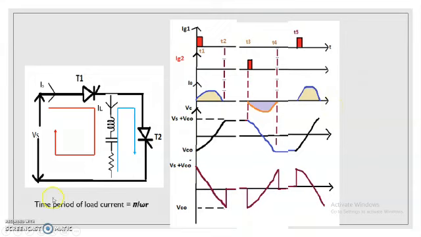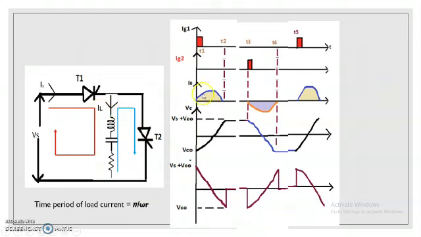Now we will look into the time period of the load current. The time period of this load current is equal to pi by omega r. This omega r is called the ringing frequency. I told that we have chosen the values of R, L, C in such a way that they give us an underdamped oscillatory circuit.